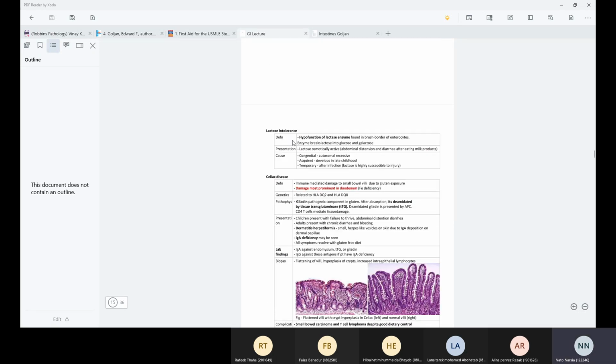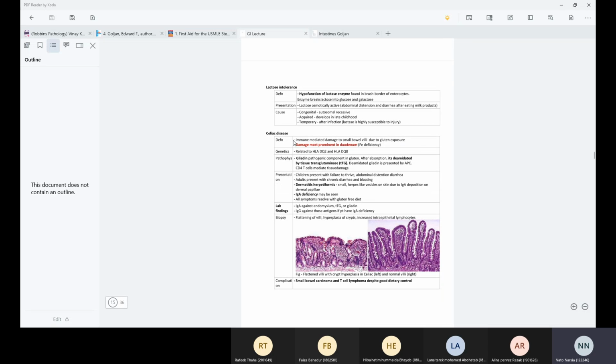Lactose intolerance, you know, is very logical. You have absent or decreased function of the lactase enzyme, located in the brush border. Here I want to pay attention to congenital versus acquired, which is important.